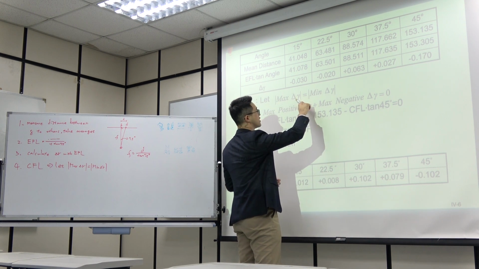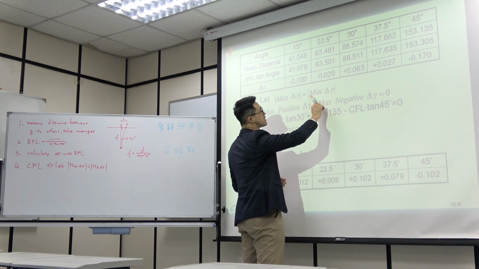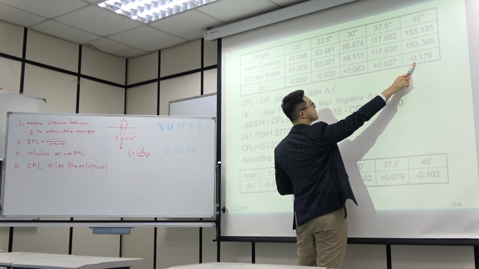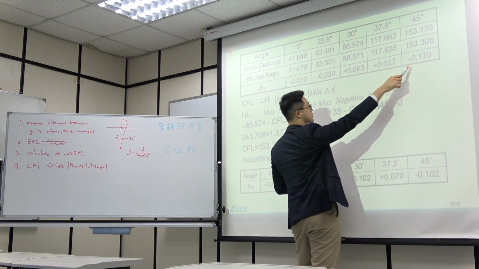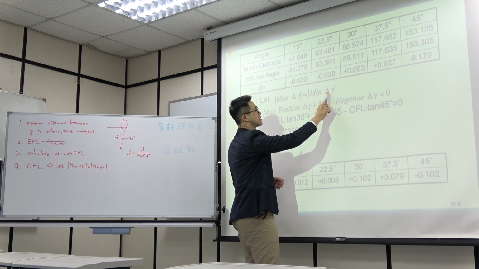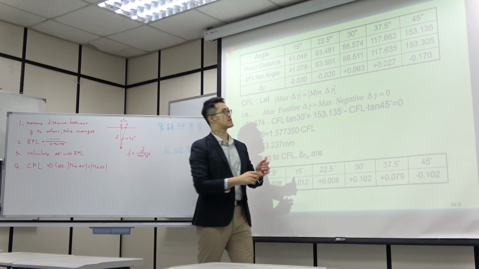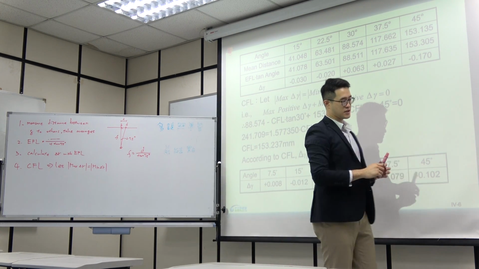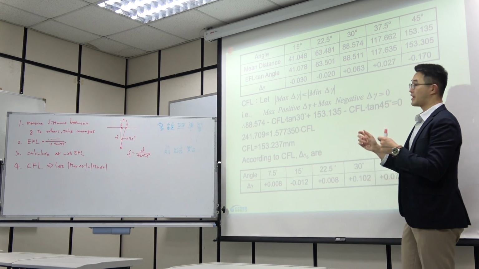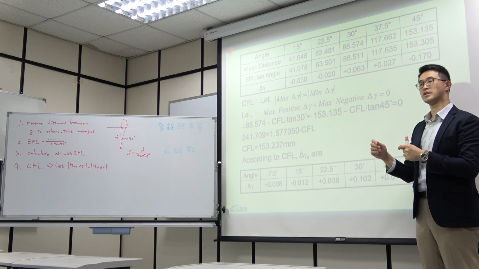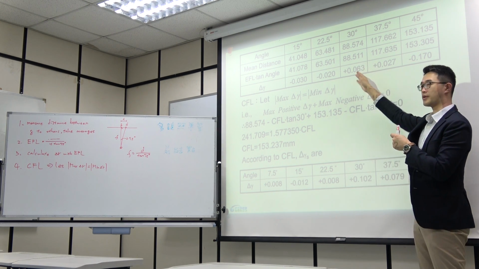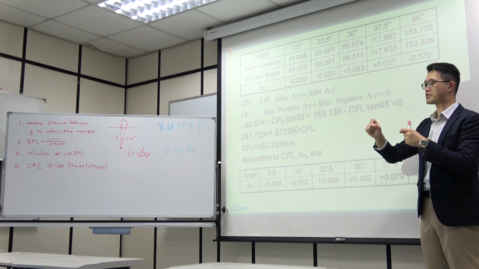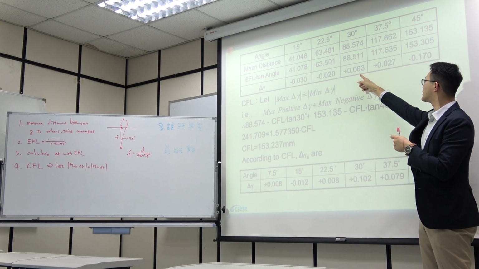That's the maximum delta R. And the minimum delta R is this one, the minus 0.17. So for the current EFL, if we calculate the distortion according to the EFL, then at the 30 degree you have a point that is moving by 0.0.